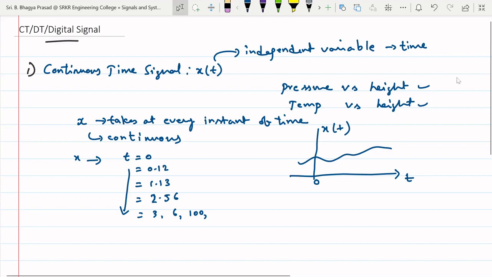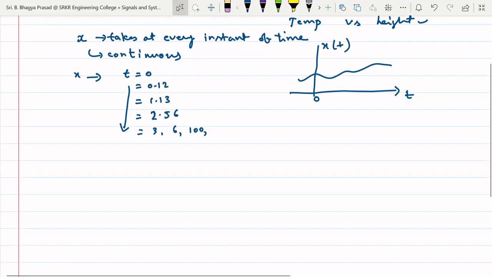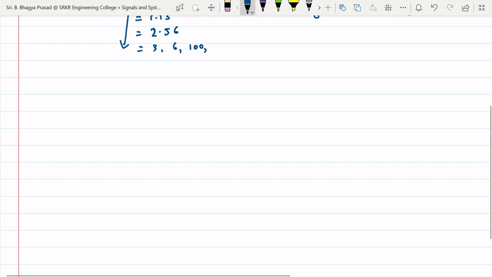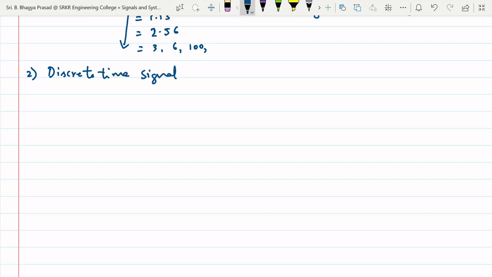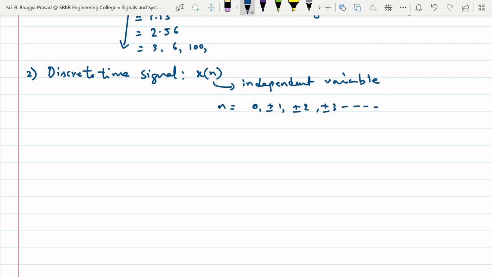Okay, and coming to discrete time signal, the second one, discrete time signal, and this is represented like this, x of n, and this n is again an independent variable which is discrete, that is n takes the values 0, plus or minus 1, plus or minus 2, plus or minus 3, like this, the discrete values.